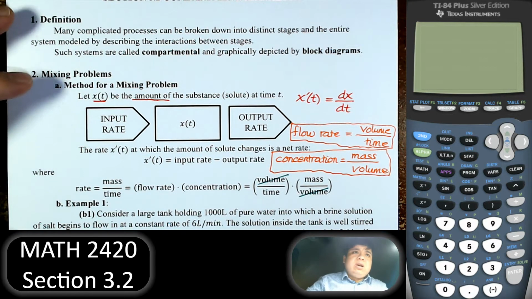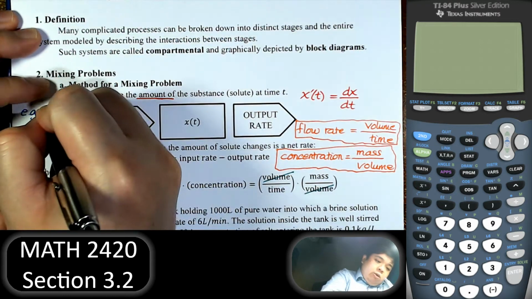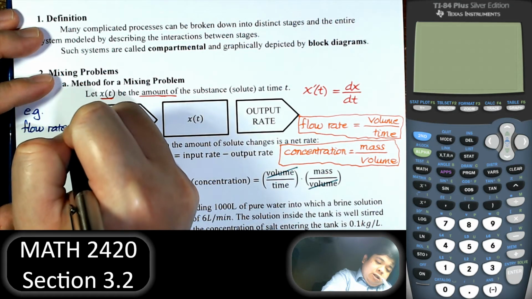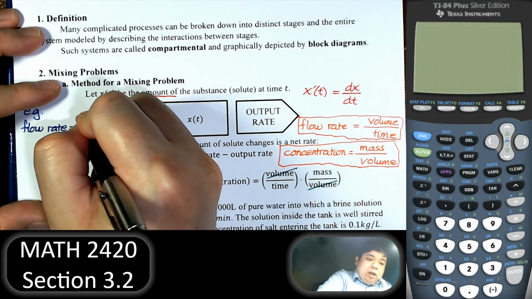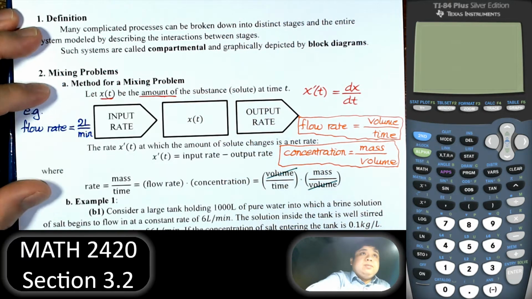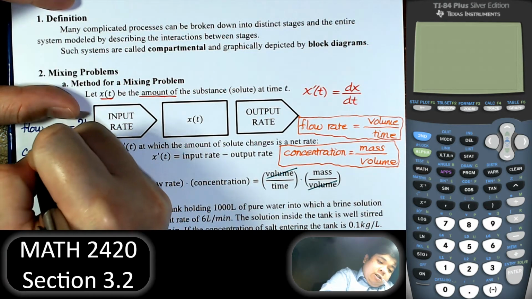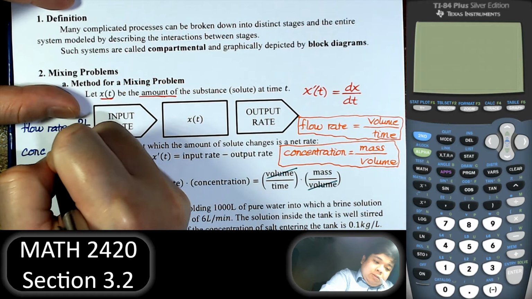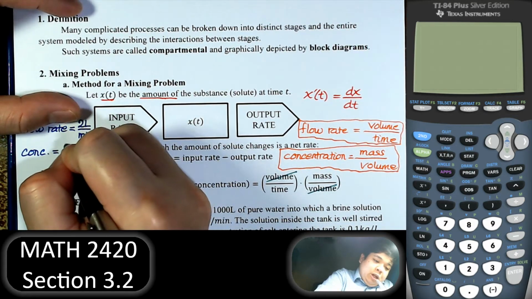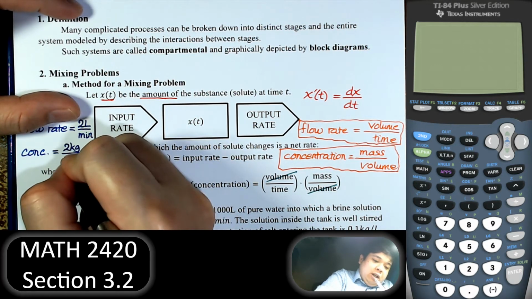Let's just look at a simple example. Let's say we have a flow rate of 2 liters per minute, and the concentration at the time is 2 kilograms per liter.